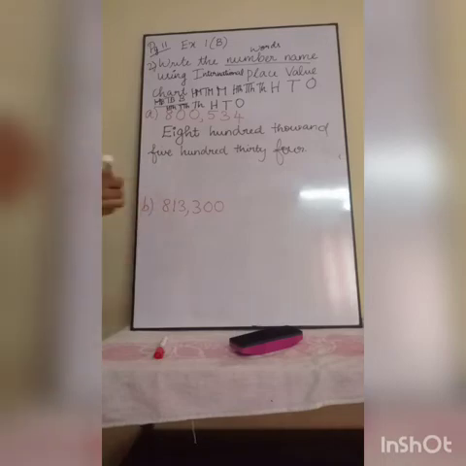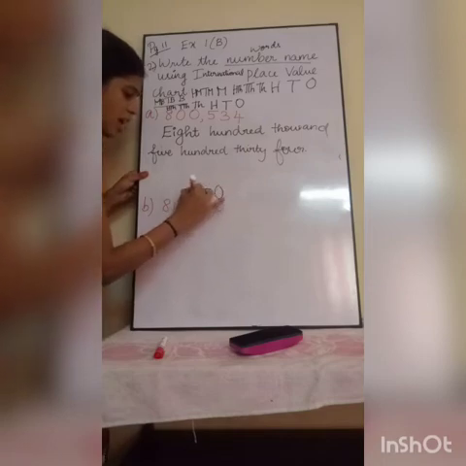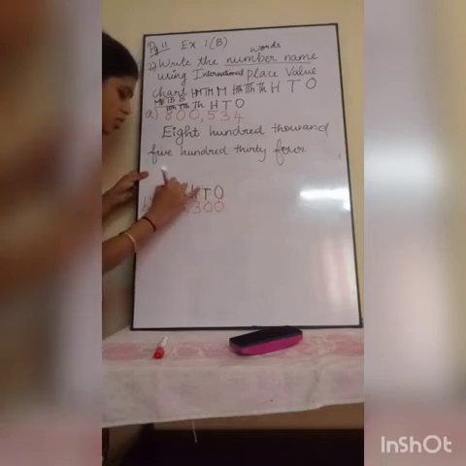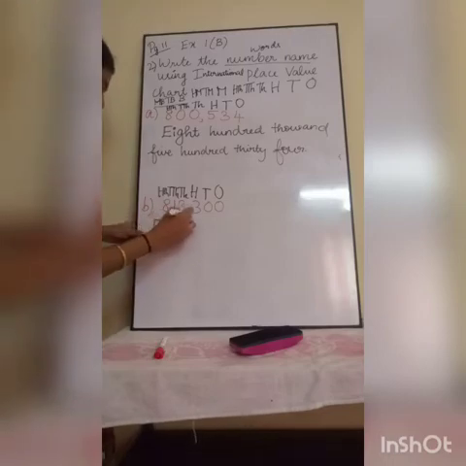So here I am going to write the international system place values. Listen: ones, tens, hundreds, 1,000, 10,000, 100,000. The same thing we are going to write here. Listen: 813.